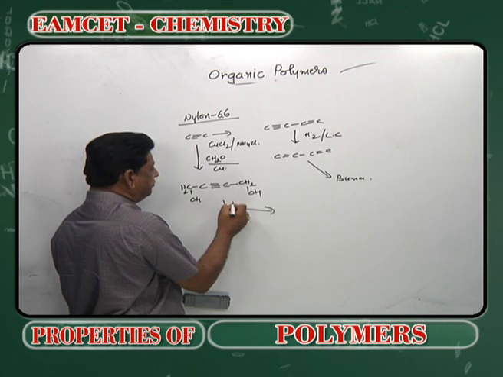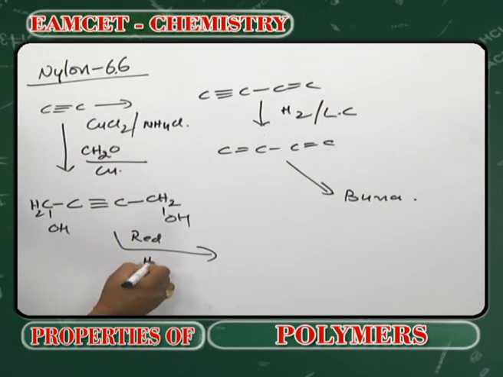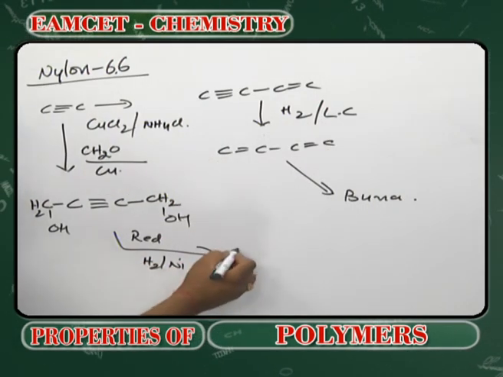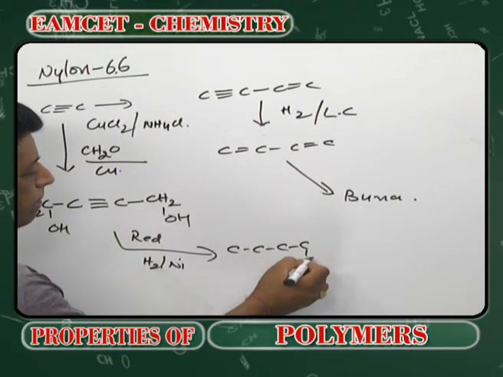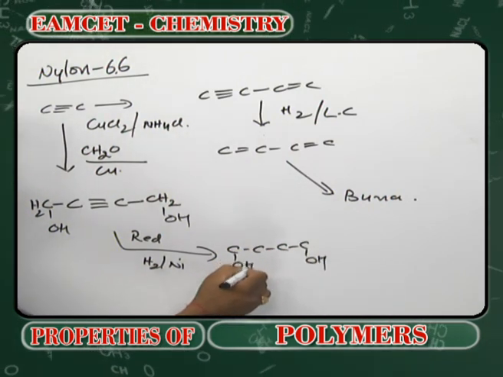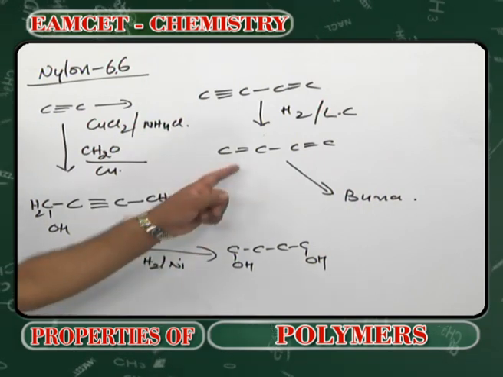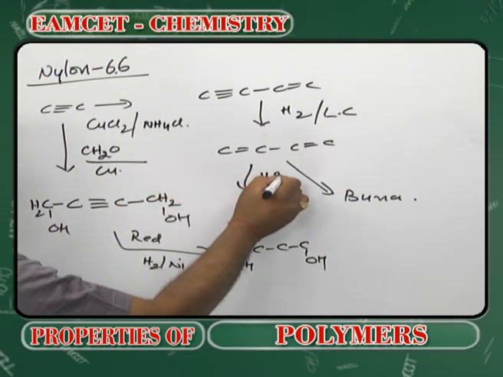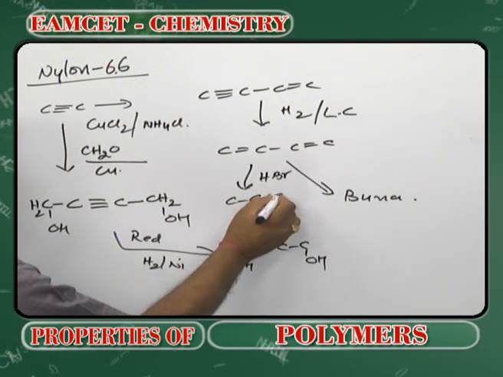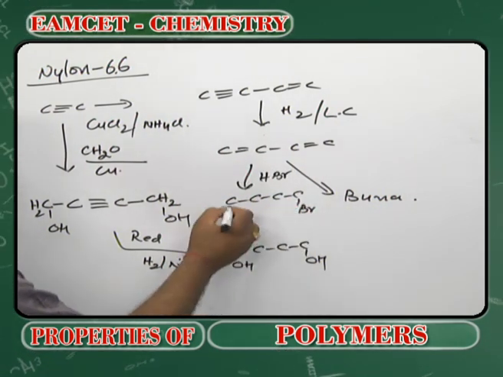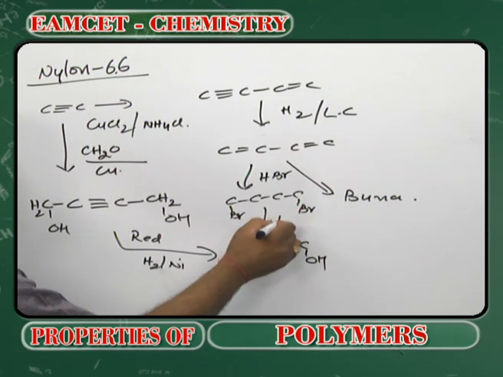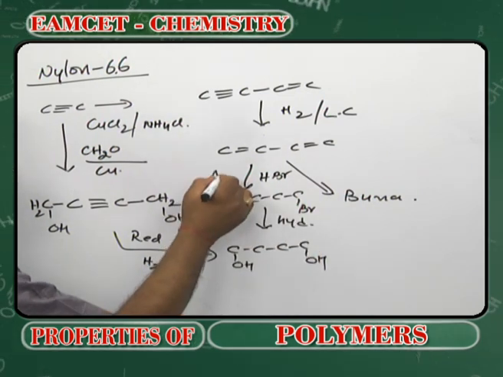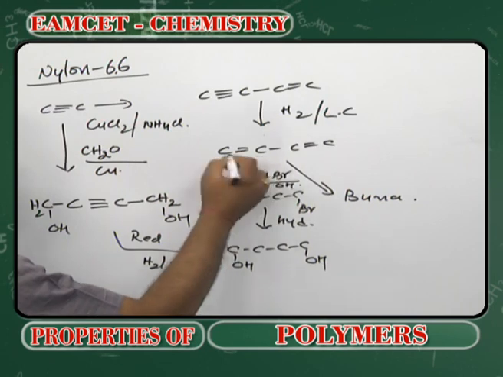On reduction with hydrogen and nickel, you get a 4-carbon compound like this. You can also prepare it by adding HBr by the anti-Markovnikov rule, giving a dibromo compound, which on hydrolysis can be converted.